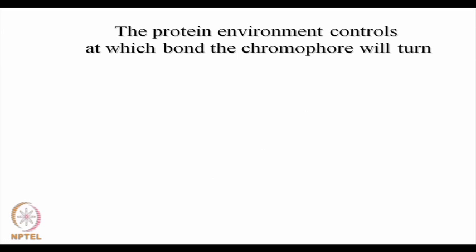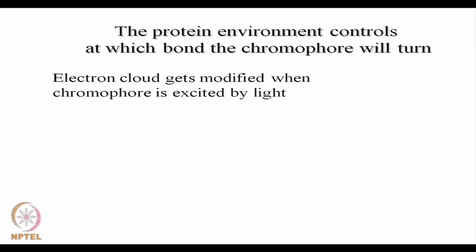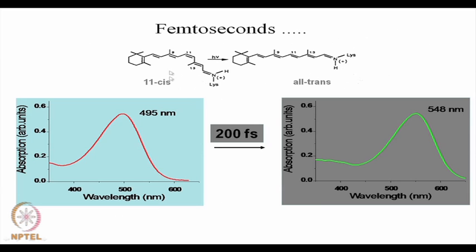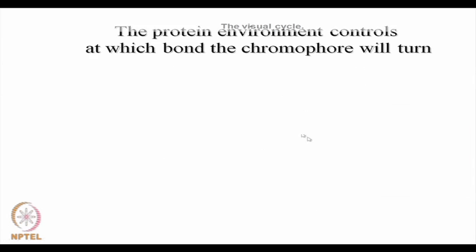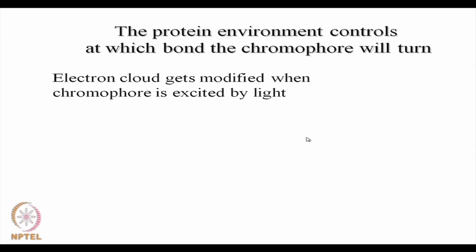Okay. And the protein environment controls at which bond the chromophore will turn, whether like here this rotation will take place, or at some other point. Now, when you shine with radiation, the molecule goes to the excited state, so the electron distribution is different from that of the ground state.